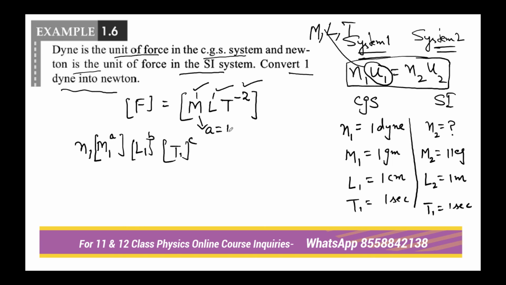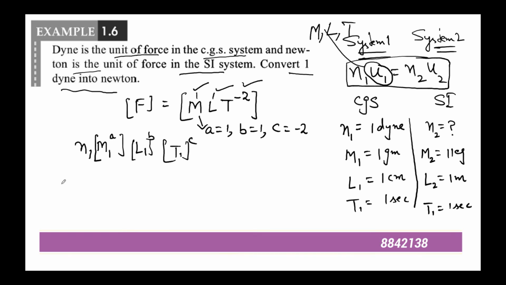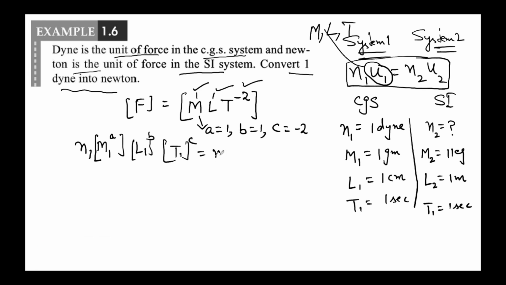A is equal to 1, B is equal to 1 and C is equal to minus 2. So we can equate that to n2 into M2 raised to power A, L2 raised to power B and T2 raised to power C.